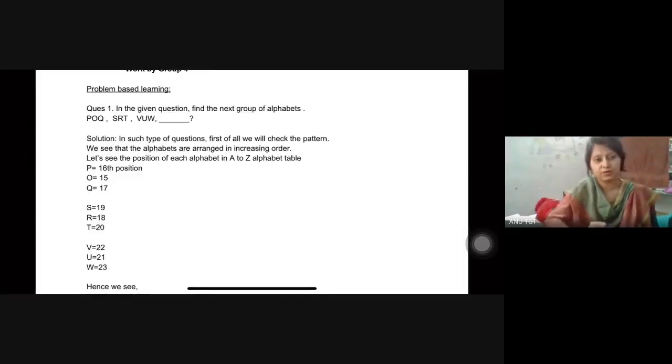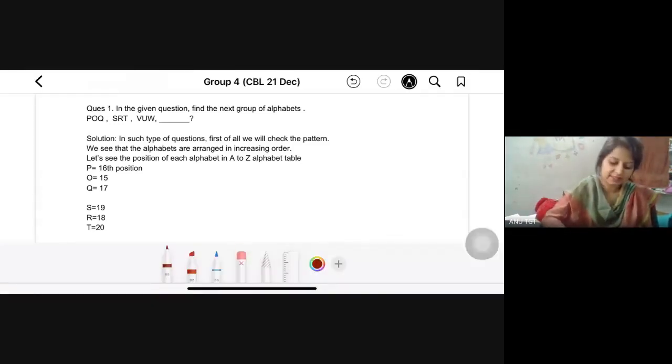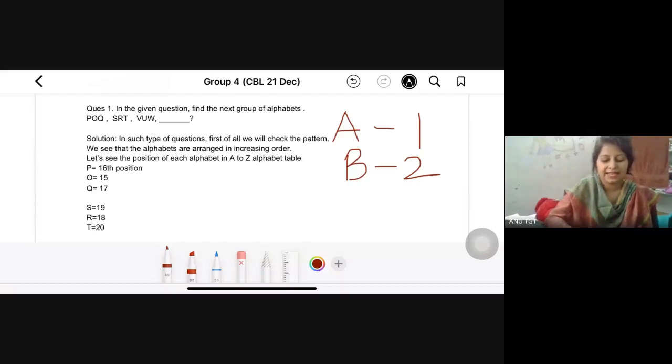In such questions, if a student knows the position of each alphabet in the alphabetical table, then this question will be a cup of tea for them. For example, alphabet A has the first position, B the second, C the third, D the fourth.